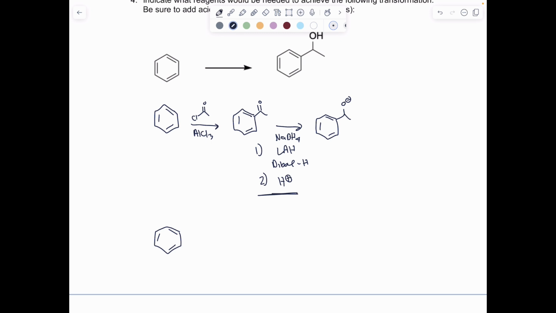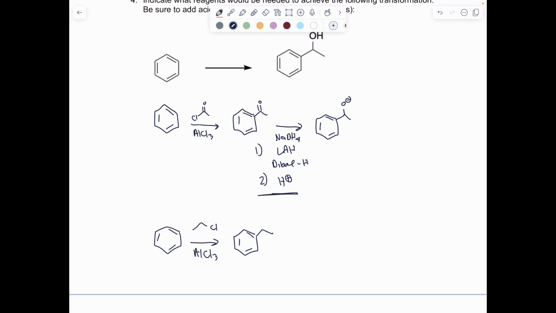So if you were to do an alkylation, you would need something like an ethyl chloride, again in the presence of AlCl3. When you do this, you create a benzene ring with an ethyl group.